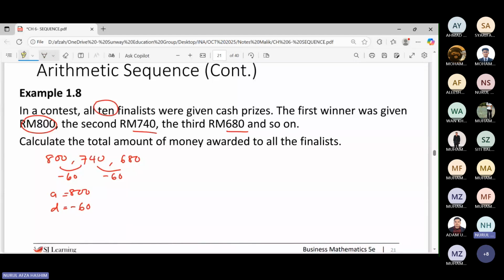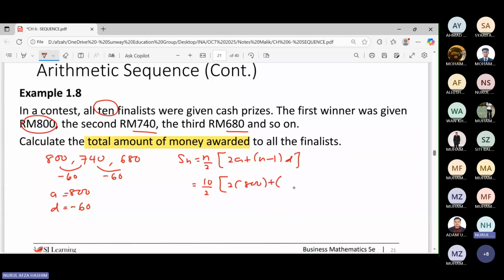Then they ask you for the total sum of money. It must be the total, so you are using Sn. Sn equals n over 2 times 2a plus n minus 1 times d. So you total the first, second, third, all the cash prizes. So you're going to have 10 over 2, times 2 times a, which is 800, plus n minus 1.